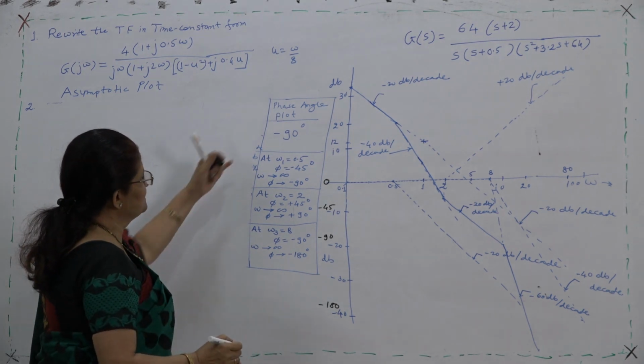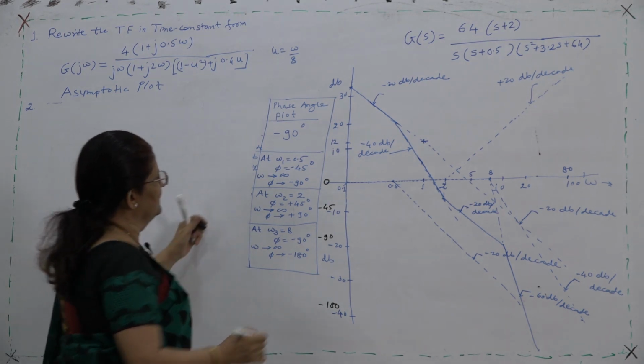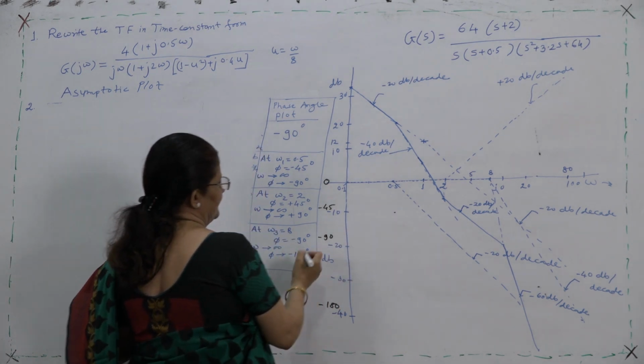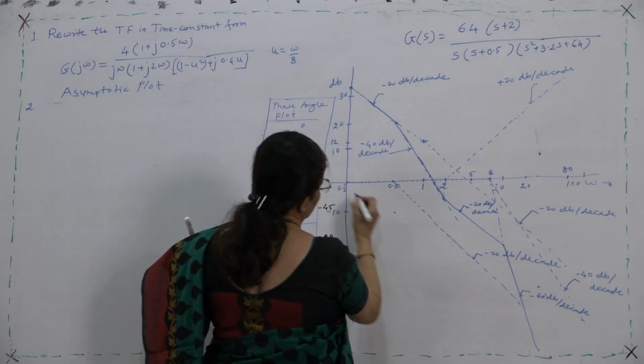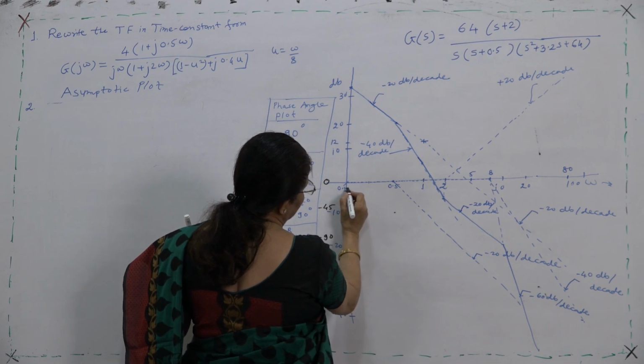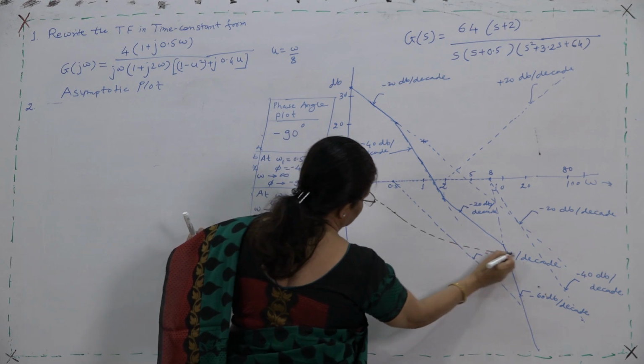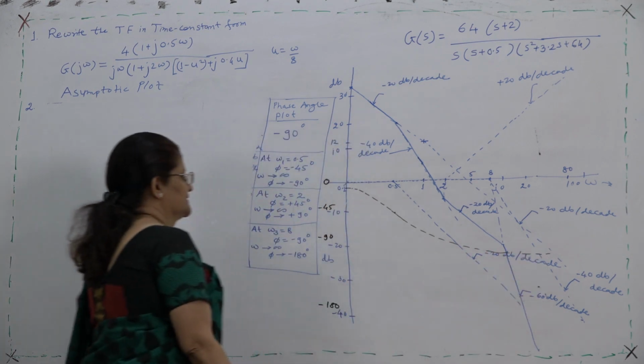Okay. As per this, at omega is equal to 1, it is minus 45 and minus 90. So, how will you get it?